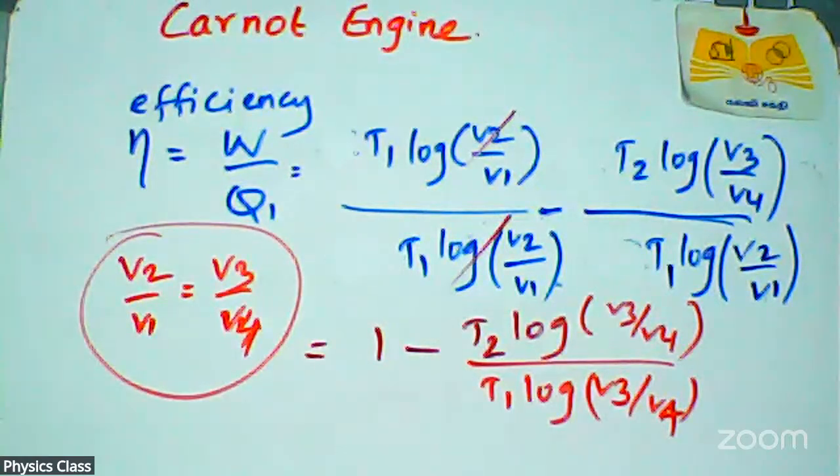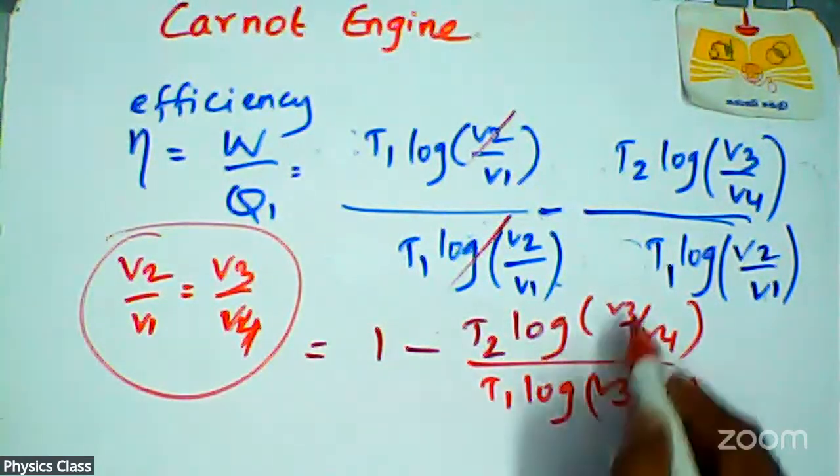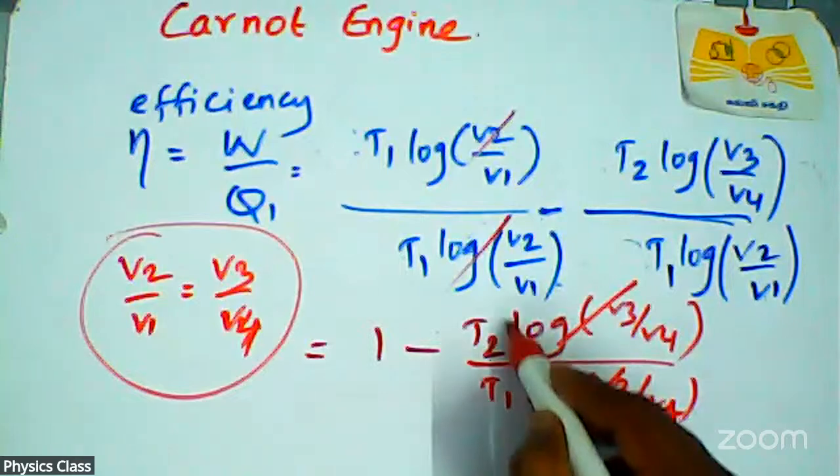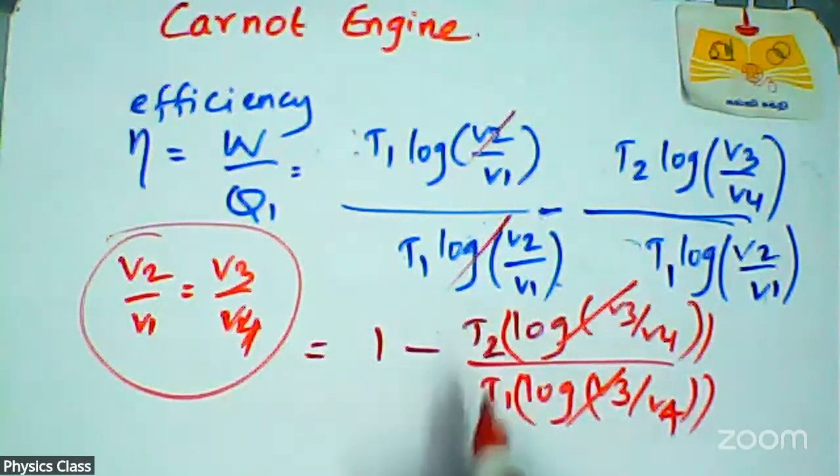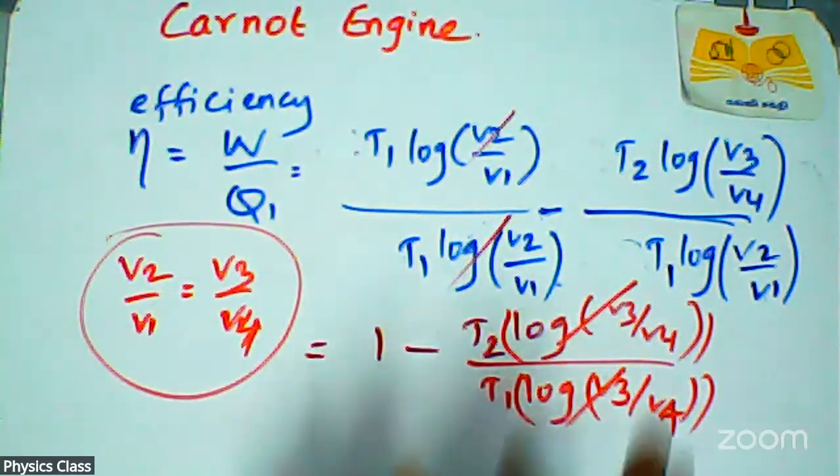So now this term and this term will cancel. Only T2 by T1 is there.